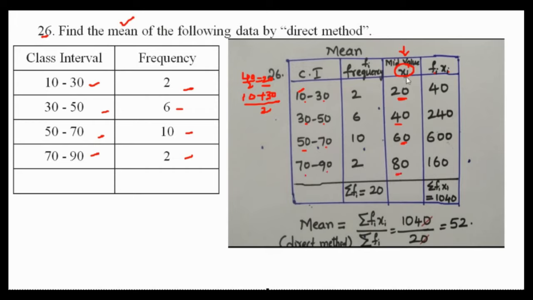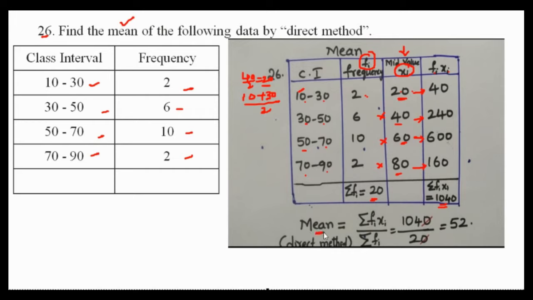Once you find the mid value, which is represented as xi, we have to find fi xi. Frequency is fi. We multiply frequency with mid value. 2 into 20 is 40, 6 into 40 is 240, 10 into 60 is 600, 2 into 80 is 160. If you add all the fi xi's, the sum is 1040 and the frequency sum is 20, which is sigma fi.